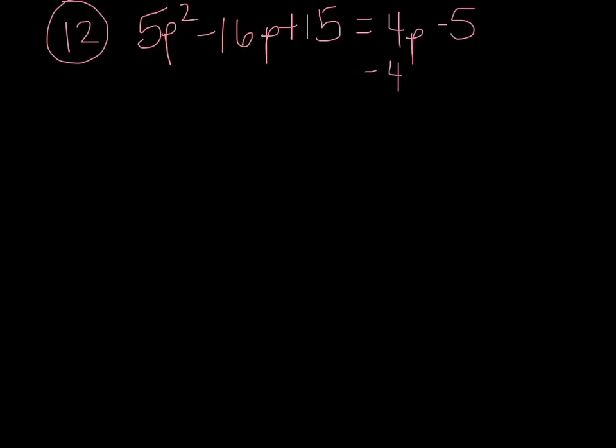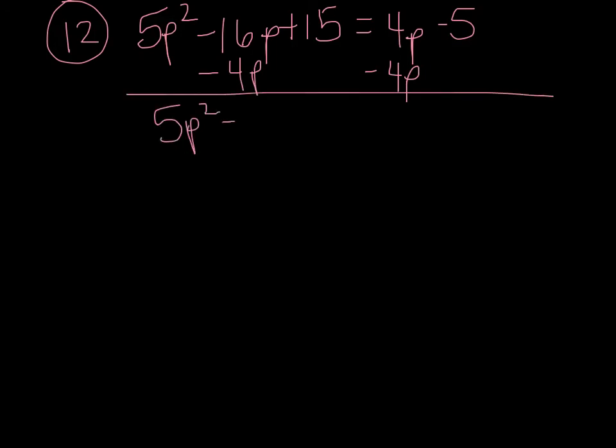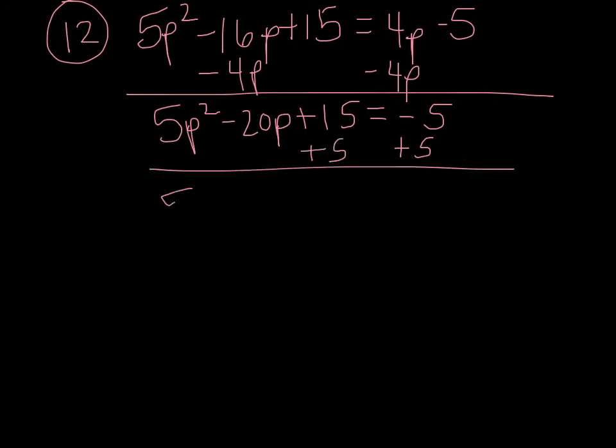So I'm going to move my 4p over to join the negative 16p, and so we'll have 5p squared minus 20p plus 15 equals negative 5, and then I'll add 5 to move that to the other side. So we have 5p squared minus 20p plus 20 equals 0, and that was my first goal, getting it set equal to 0.